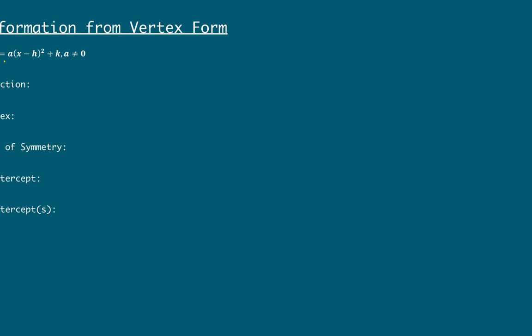A will always tell us what direction our graph is opening. If a is positive, our graph opens upward. If a is negative, or less than 0, then we open downward.